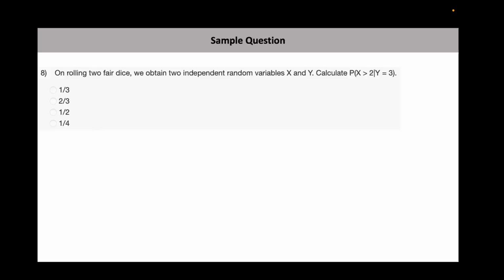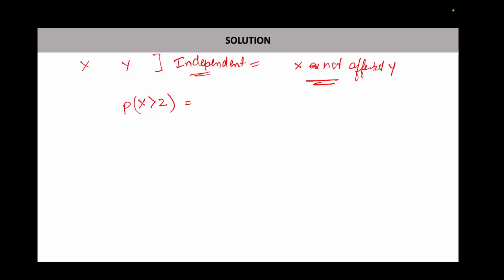So now when you talk about the two variables that is being asked, then we have the values as probability of x being equal to 3 plus probability of x being equal to 4 plus probability of x being equal to 5 and probability of x being equal to 6.